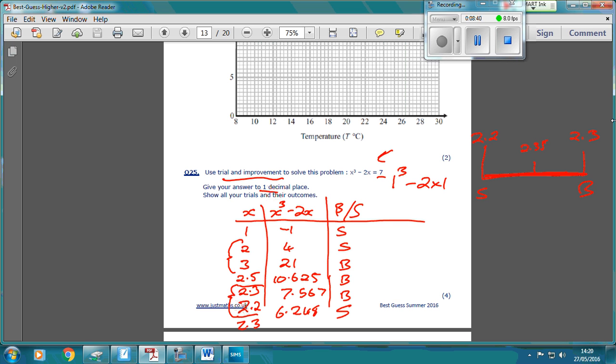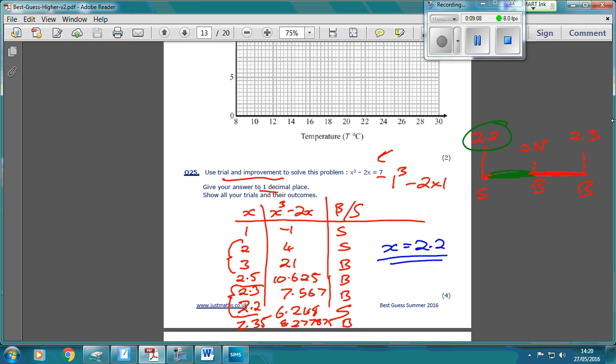So 2.35 gives us 8.277875, which is too big. So this one tells us it's too big. So if this one is too big, it means that our answer must lie in this bit. And if our answer lies in this bit, it's going to be closer to 2.2. So we end up writing x equals 2.2.